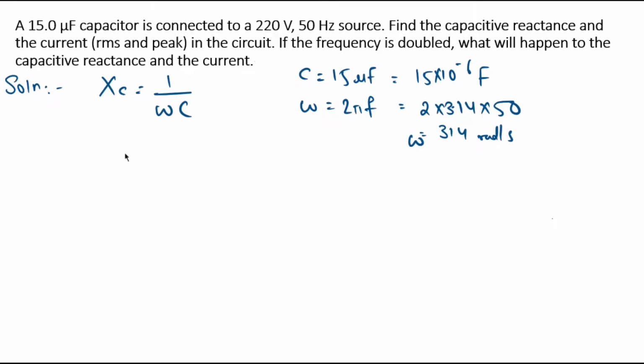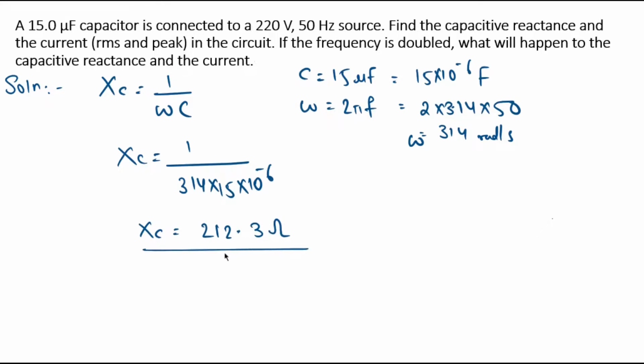So we can find out Xc equal to 1 upon omega C, which is 314 into 15 into 10 raised to minus 6. So the value of Xc comes out to be 212.3 ohms.